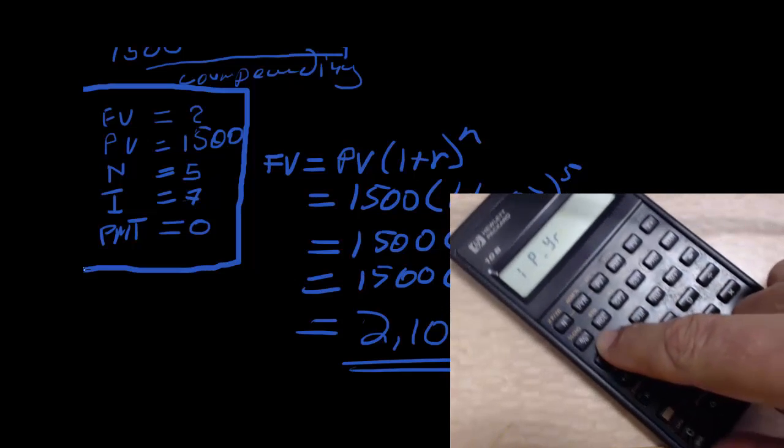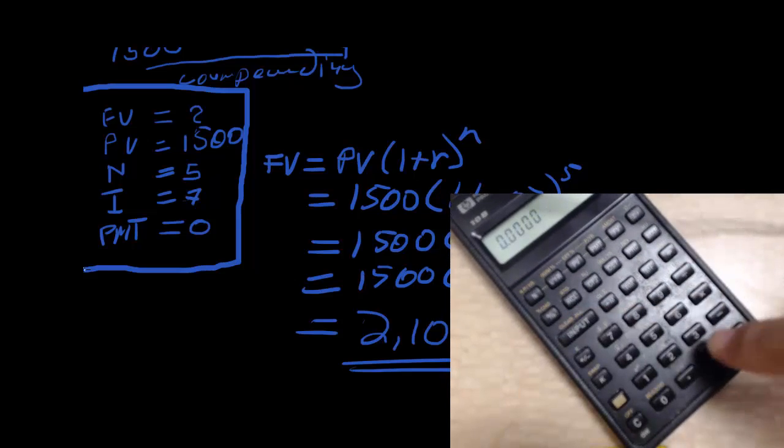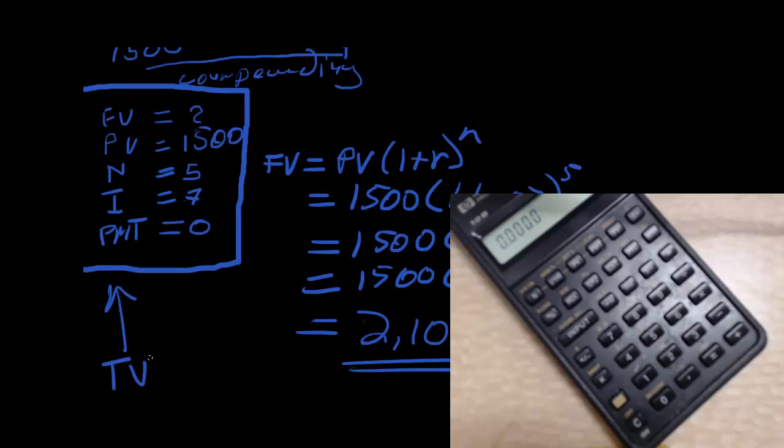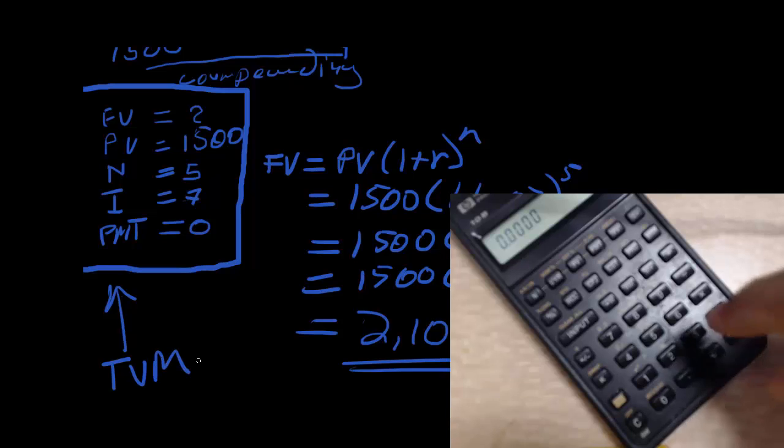And so I teach this using the 1 period per year function. And what we're going to do is put these same inputs that we have here into the calculator. And you'll notice that all of the inputs on this side of the line are found on the time value of money line on these financial calculators.